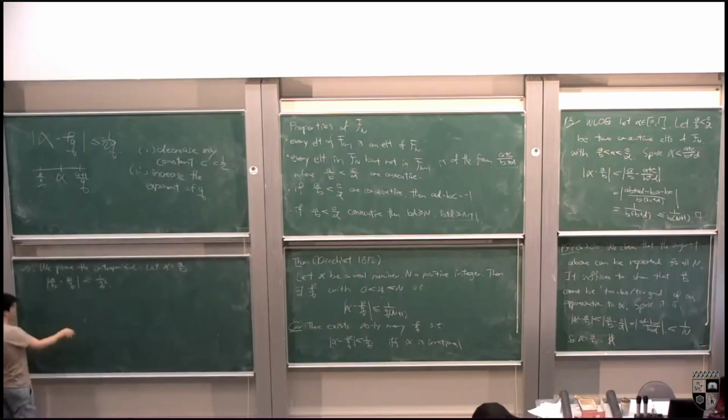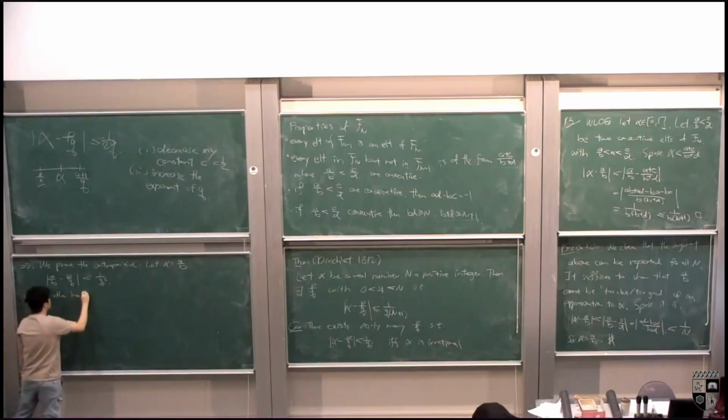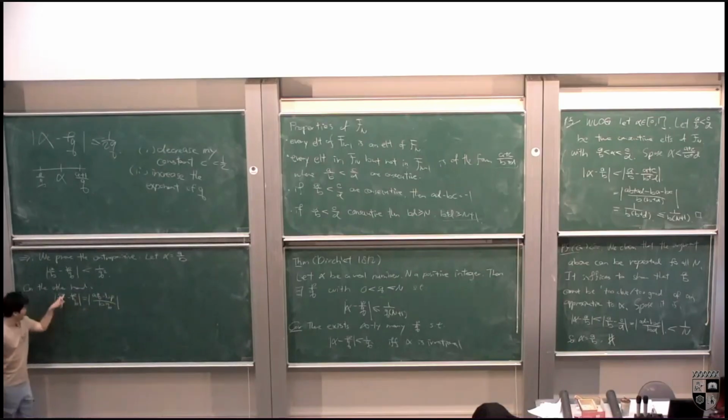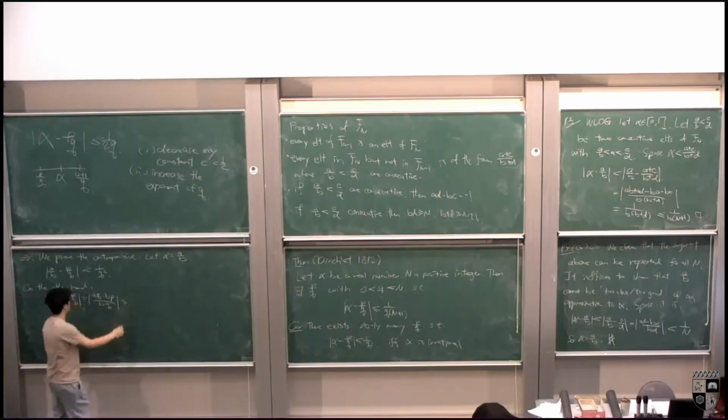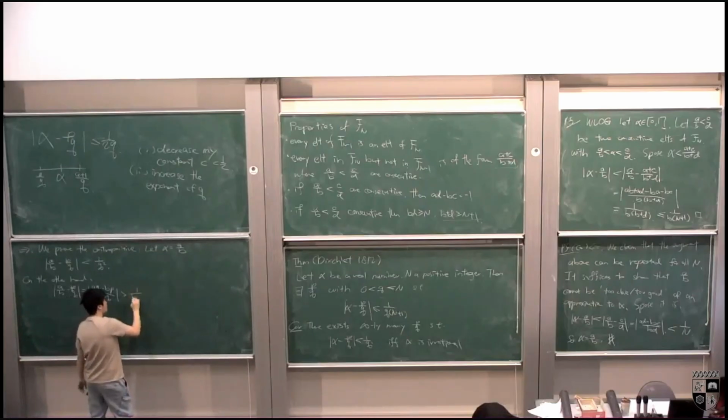But on the other hand, this guy is just AQ minus BP over BQ. And since A, B, P, Q are all integers, we know that this numerator is always at least 1. Because if it was 0, then we would get that A over B is equal to P over Q, which would be kind of redundant. So this guy is always greater than 1 over BQ.